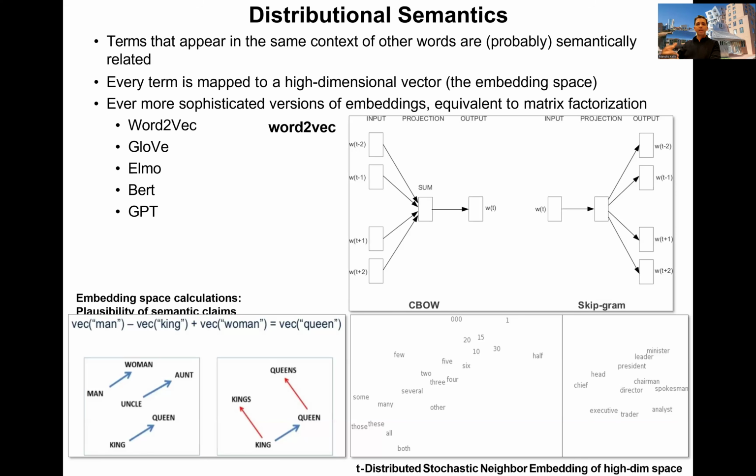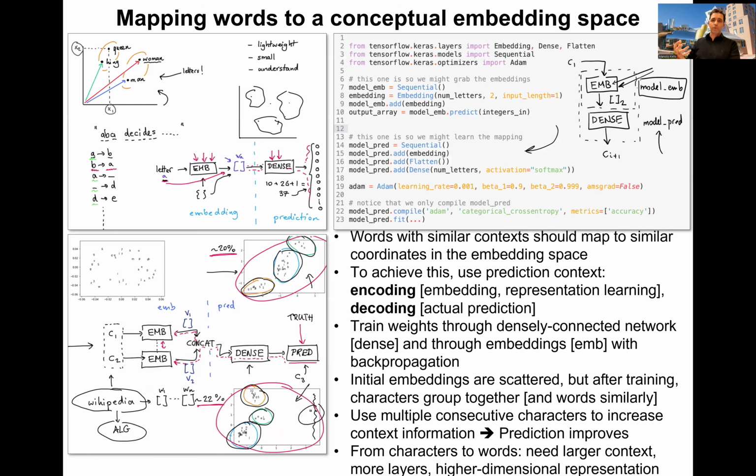I can do the same thing for words in the context of other words. So I can basically take each of these words and create an embedding representation of these words. I can do that based on the number of letters. I can use as tokens individual words or individual letters or individual phonemes or combinations of letters, and so forth.